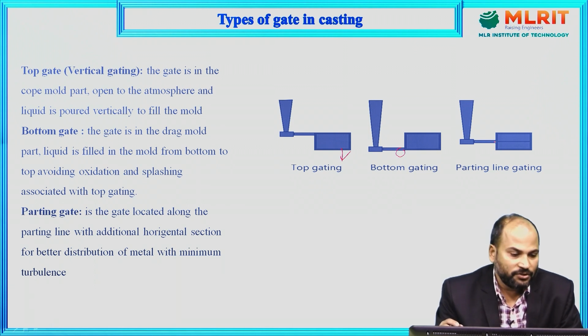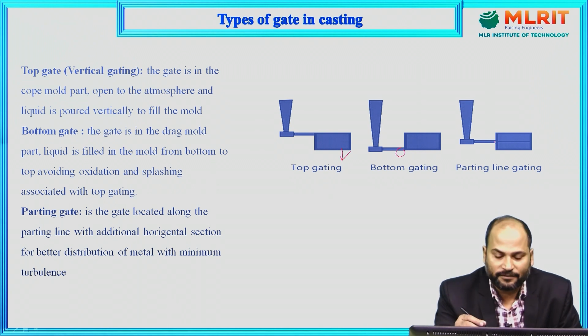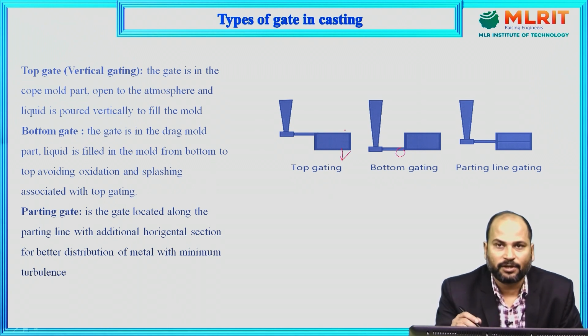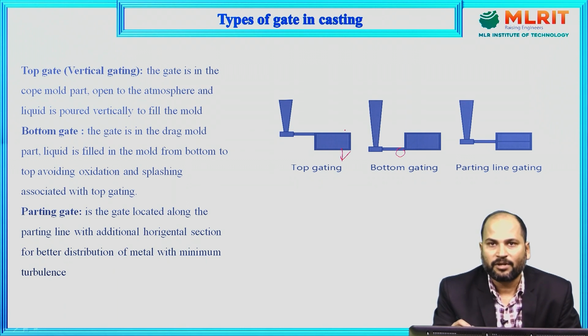Okay, the first one is top gate, also known as vertical gating. If this gate is placed on the top of the vertical mold cavity, metal will come inside the mold cavity because of gravity. It will fall through a distance. Something coming from a height will have potential energy, and the liquid has that potential energy.